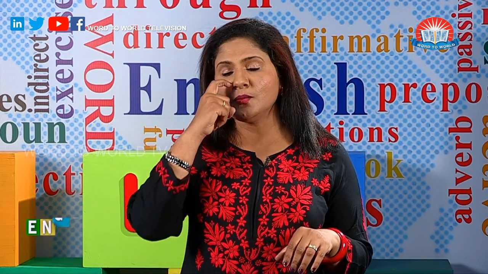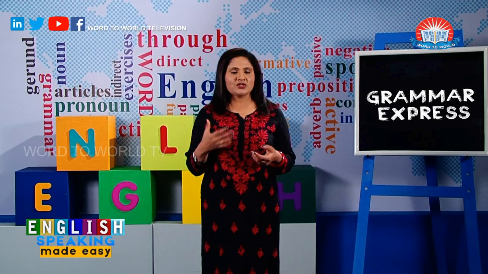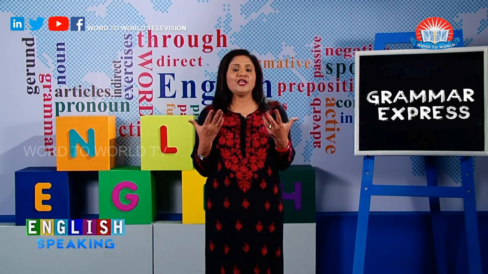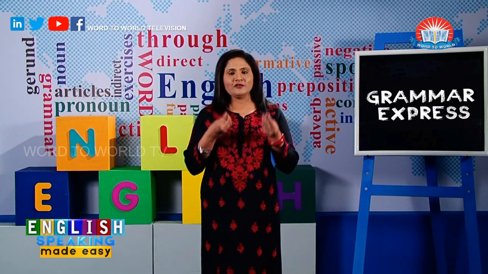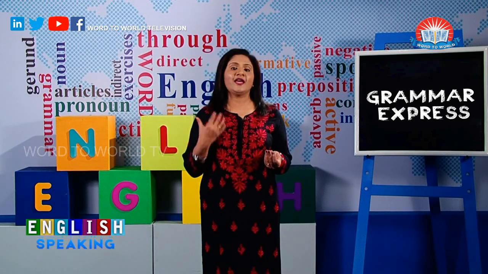And then another word which goes wrong quite often is the word hair. You can't say hairs. It's always uncountable. So, when you say, oh, she has so many hairs on her head, it's actually very wrong. You cannot use hairs. It's not a plural for hair.